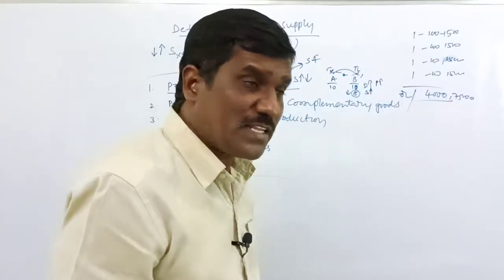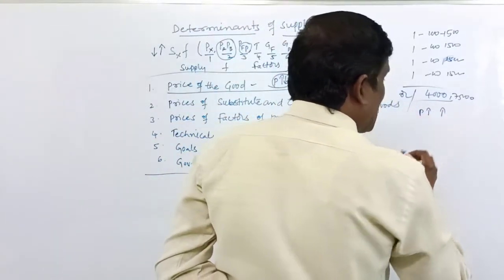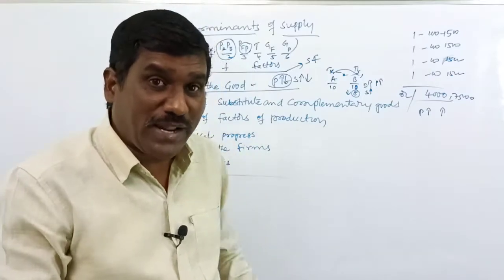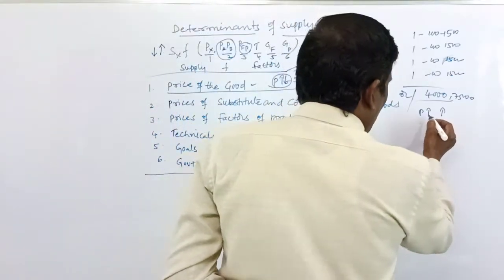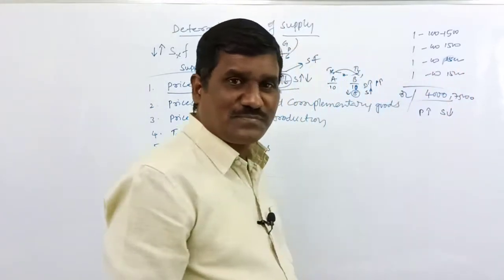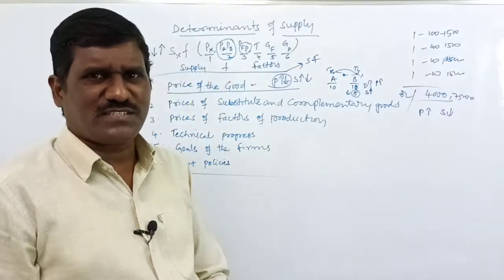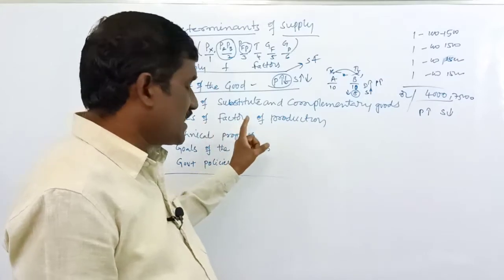When the factor price increases, automatically the producer is ready to increase the price of the commodity. When the price increases, sales fall down. Simply, when the price increases, the supply will fall down. Due to this there will be fluctuations, so this is also one of the determinant factors: the prices of factors of production.